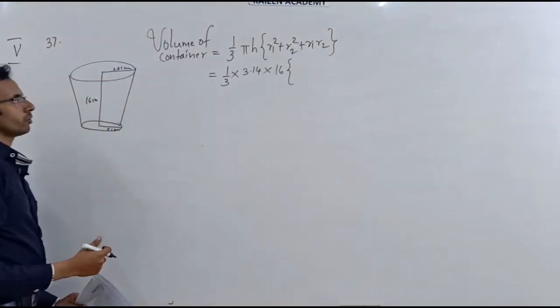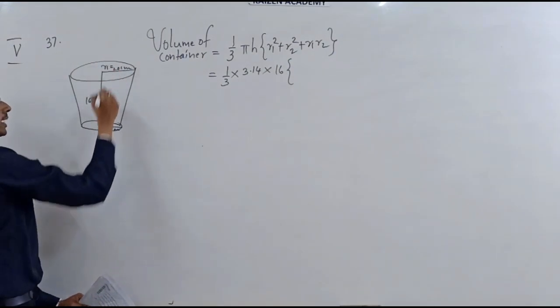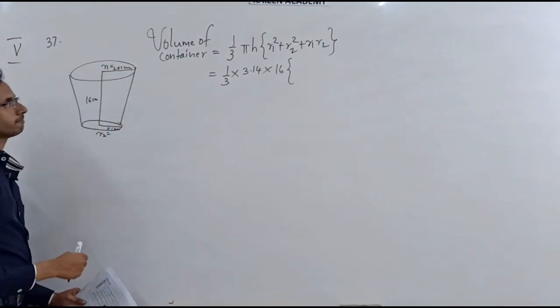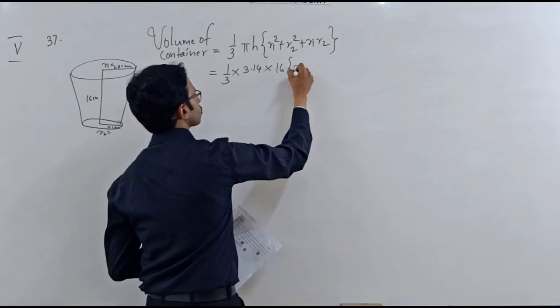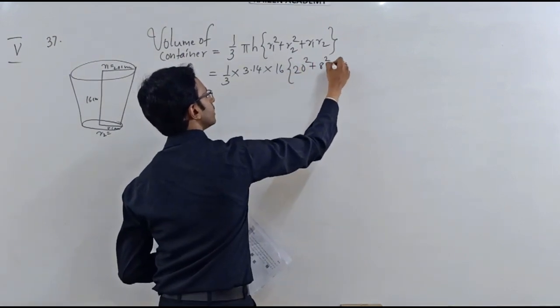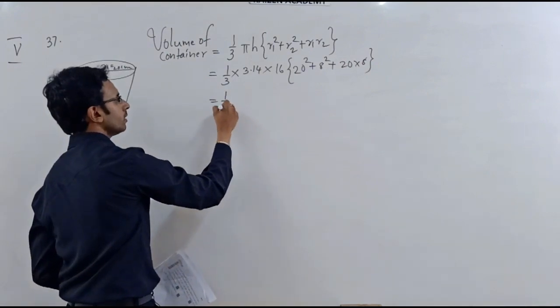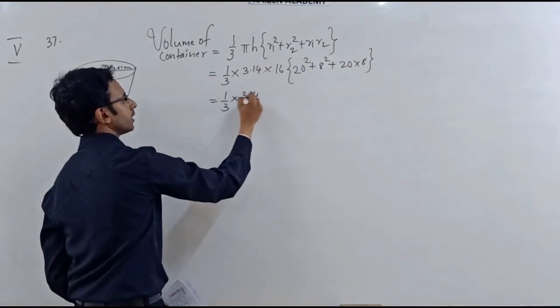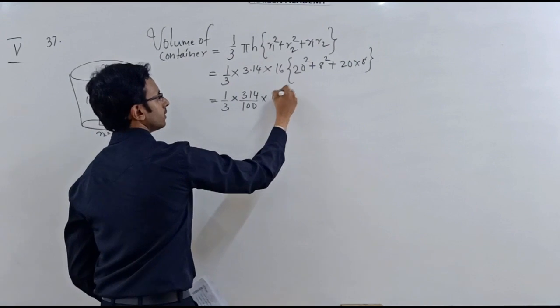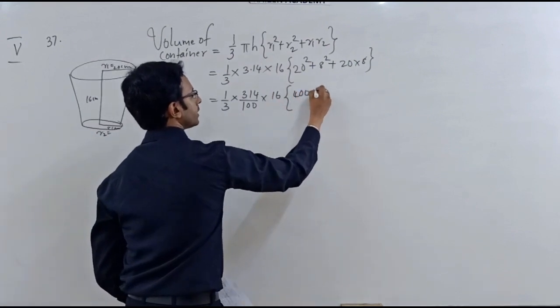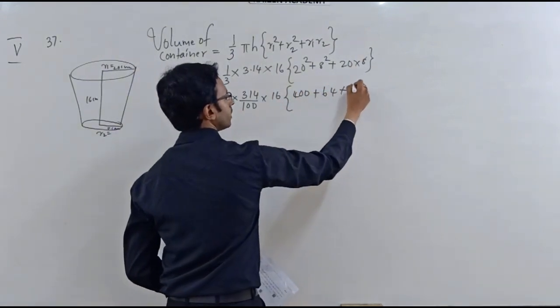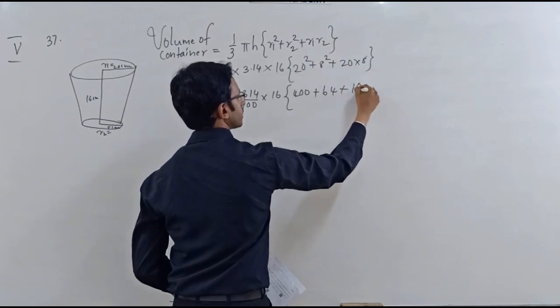R1 and R2 are your choice. Either you can call this R1 and this R2, or vice versa. So R1 we will take as 20, R2 is 8, and 20 into 8. Convert pi into fractional form, 157 by 50. 20 square will be 400, plus 8 8s are 64, and 8 20s are 160.